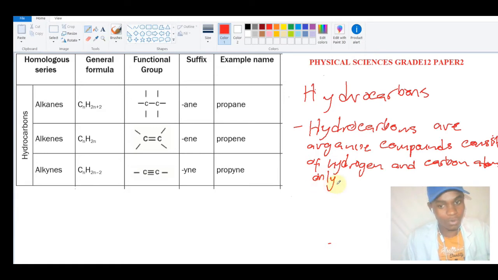I need to underline this only, because hydrocarbons only have hydrogen and carbon atoms. The moment you see another atom which is not hydrogen or carbon, you must know this is not a hydrocarbon.